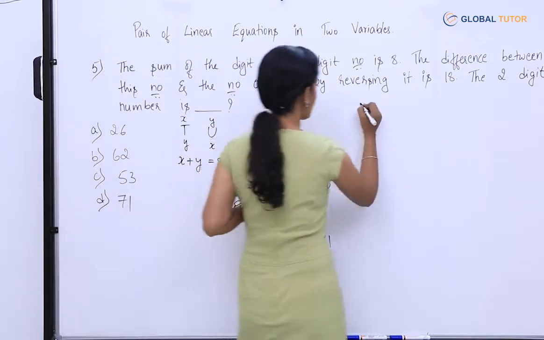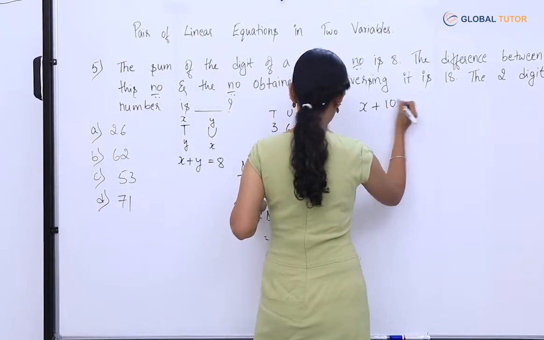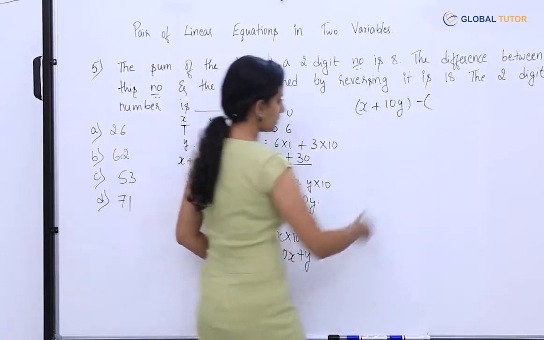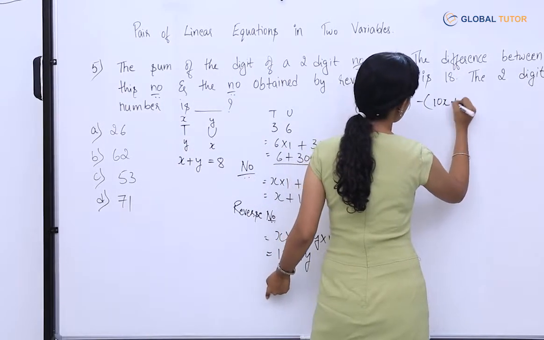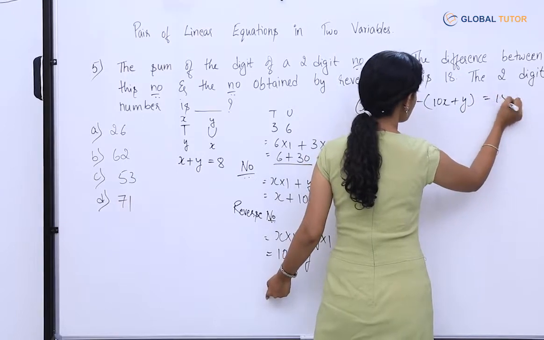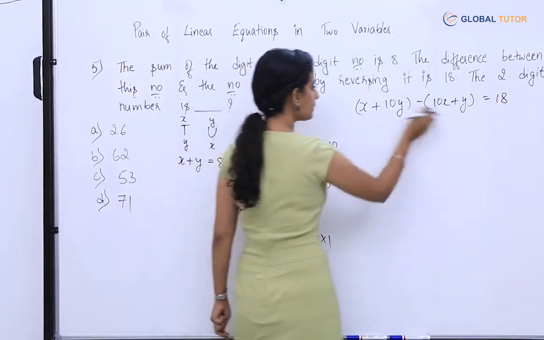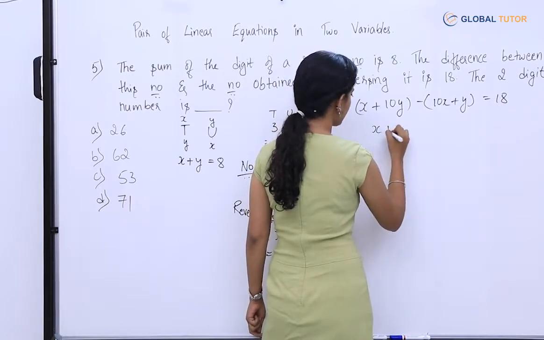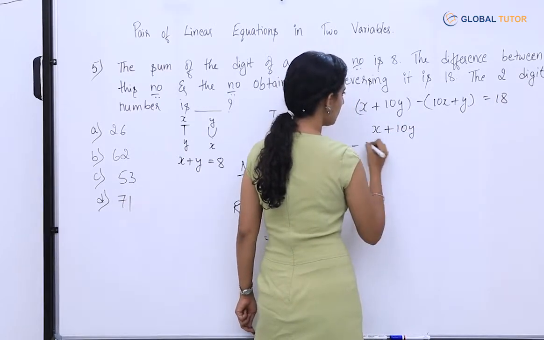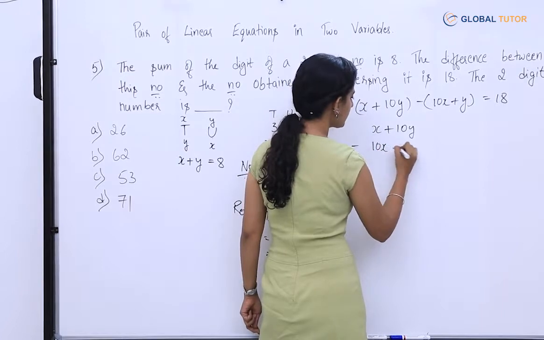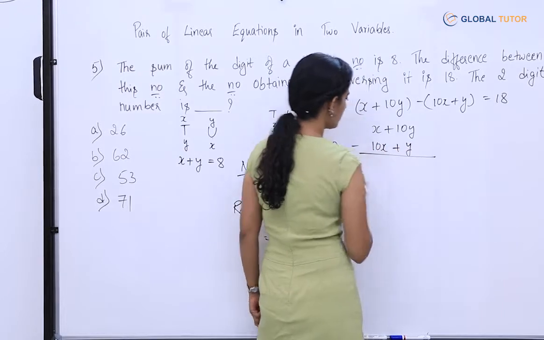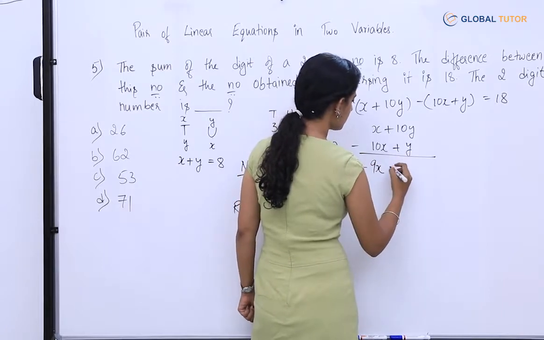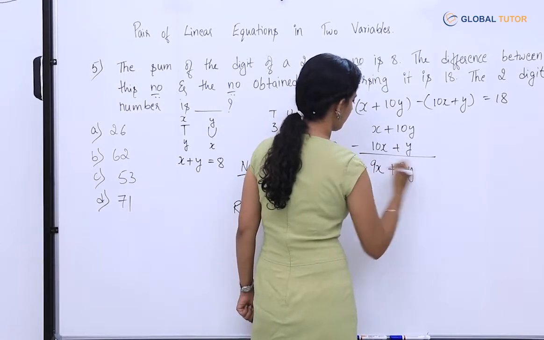So which means x plus 10y minus 10x plus y is equal to 18. Let us find out the value of these two before concluding this. So x plus 10y minus 10x plus y. So here this is minus 9x. So this is plus 9y.